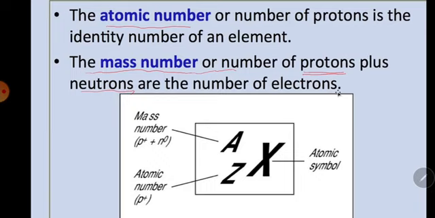So, charge number or atomic number is represented by Z. It is the number of protons in a nucleus. Mass number is represented by A and is the number of neutrons plus the number of protons in a nucleus.